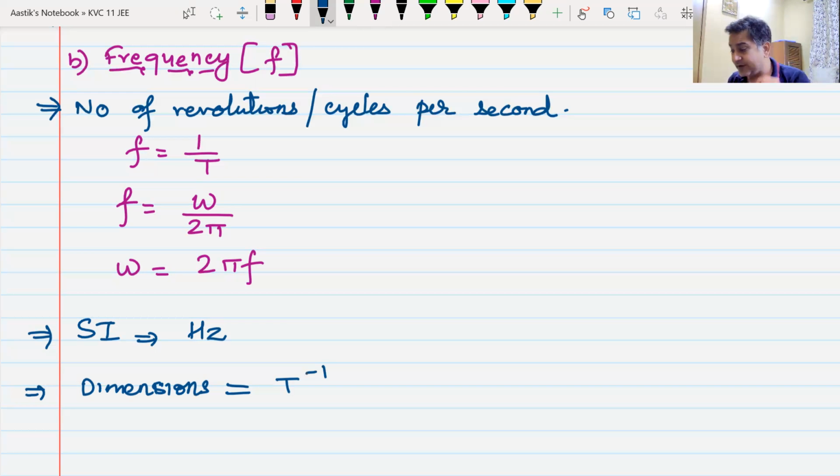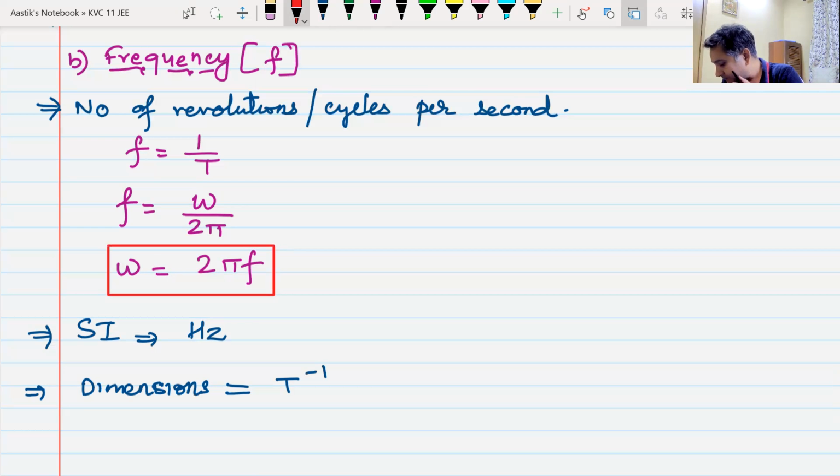Now, here is a very important thing that you must understand from this block. Omega here is angular velocity. F is frequency.